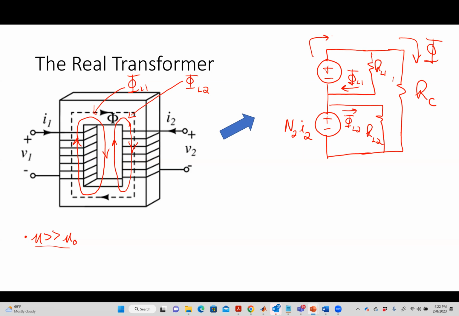So I better be able to KCL that here. This is the flux through coil 1 right there, isn't it? If it's going through the MMF source, that's coil 1, right? So I've got phi 1 equals what? I can KCL this and say phi 1 equals phi L1 plus what? Is that the mutual?